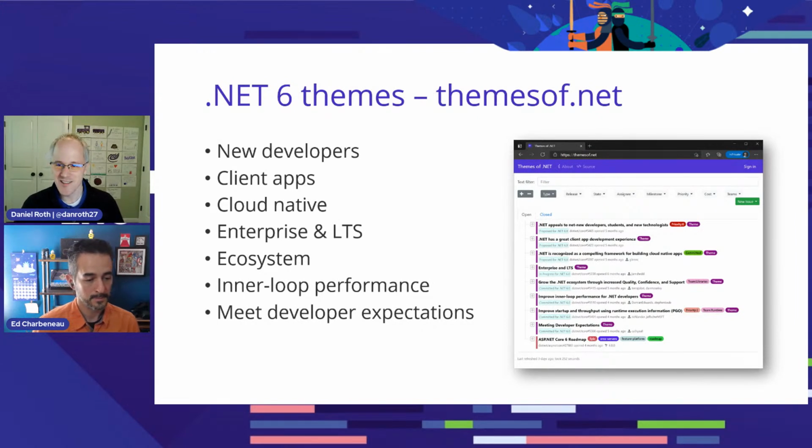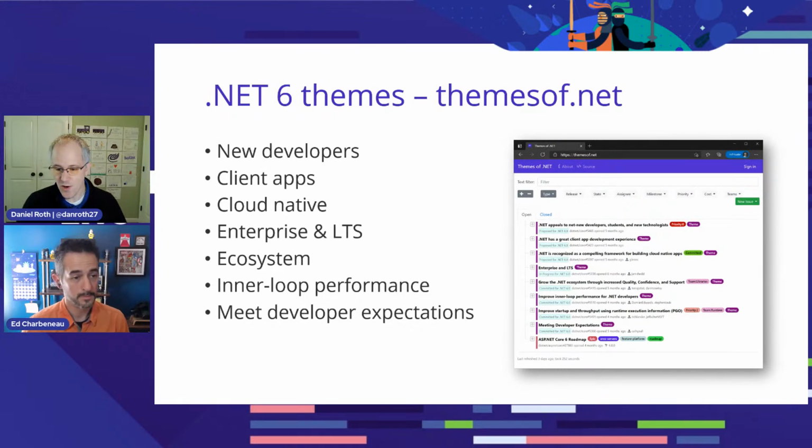The main themes for .NET 6 include making it easier for new developers to get started with .NET, expanding support for building cross-platform native client apps, ensuring that .NET has everything you need to run natively in the cloud, ensuring that enterprises relying on long-term support or LTS releases have a smooth upgrade path, strengthening the .NET ecosystem, making development with .NET faster and more productive, and lastly, making sure that we continue to deliver on the promises of the .NET platform. That's sort of our catch-all for finishing stuff that we've already started.